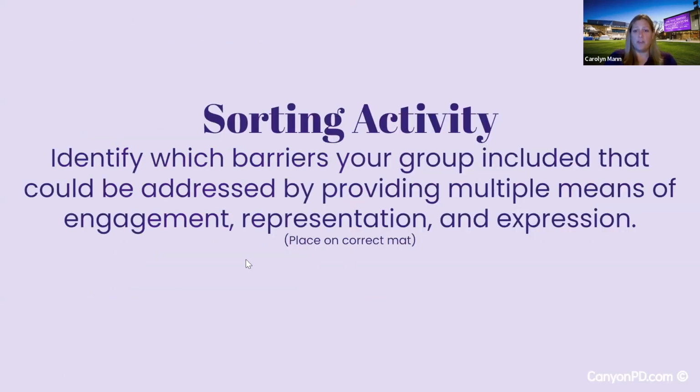If you're working with a group and you identified some of those barriers, I would like you to stop the video again and come together. Go back in the video if you have to. We know that you want to provide multiple means of engagement, representation, and expression. Doing all of these things is going to allow your students to be successful.